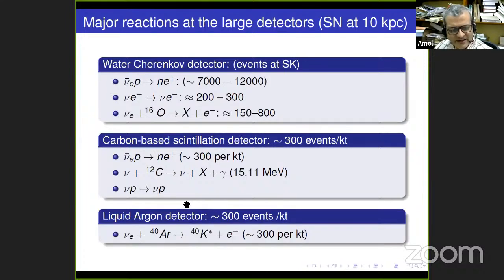On the other hand, if you have a liquid argon detector, you can have this interaction where the electron neutrino interacts with argon to make an excited state of potassium-40 and gives an electron, and this will help you also look at the electron neutrinos. So depending on what detector you have, your strength is to determine different things.